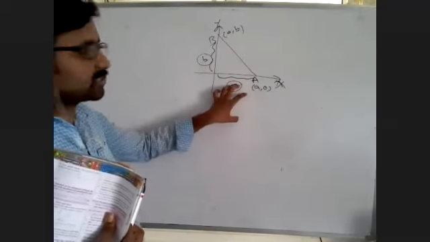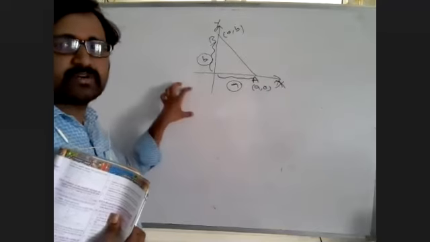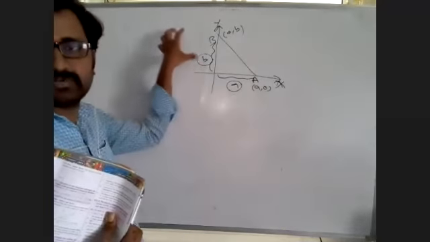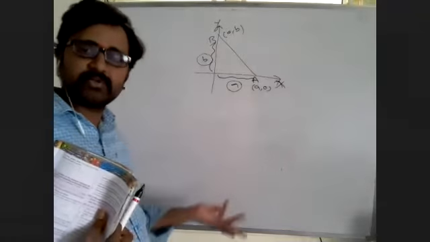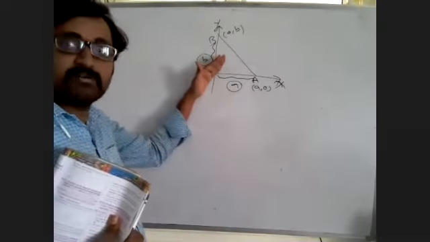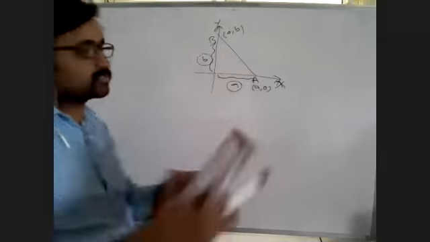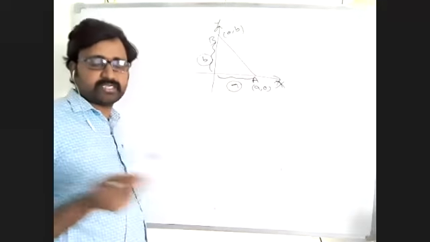When you come to this quadrant, you will get one negative, that is the y-intercept negative. In this quadrant you will get both negative. In this quadrant you will get x negative, y positive. Like that, maybe negative or positive. And at (0, 0) you will get 0 as the intercept. Suppose a line cuts the x and y axis, I told you.